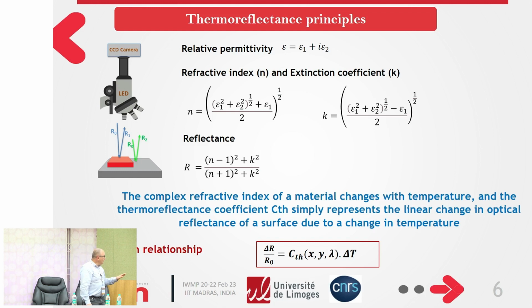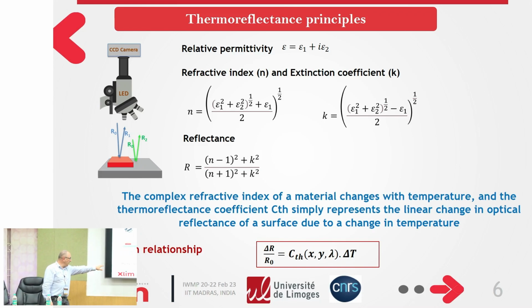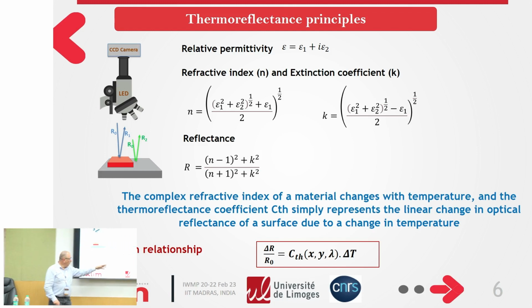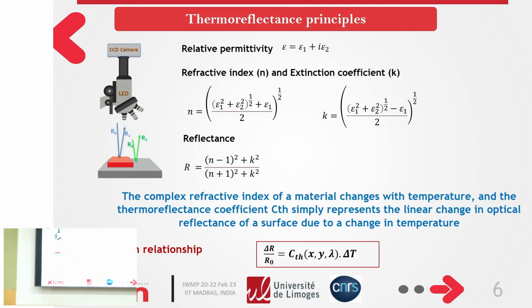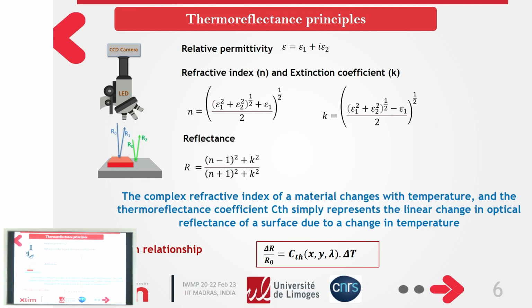What is important to know is that the main relationship is that the variation of the reflectance is proportional to the variation of temperature, for a given wavelength. We perform the measurement with a camera, so we can have a thermal coefficient that depends on X and Y, because we do not have the same material on the surface.